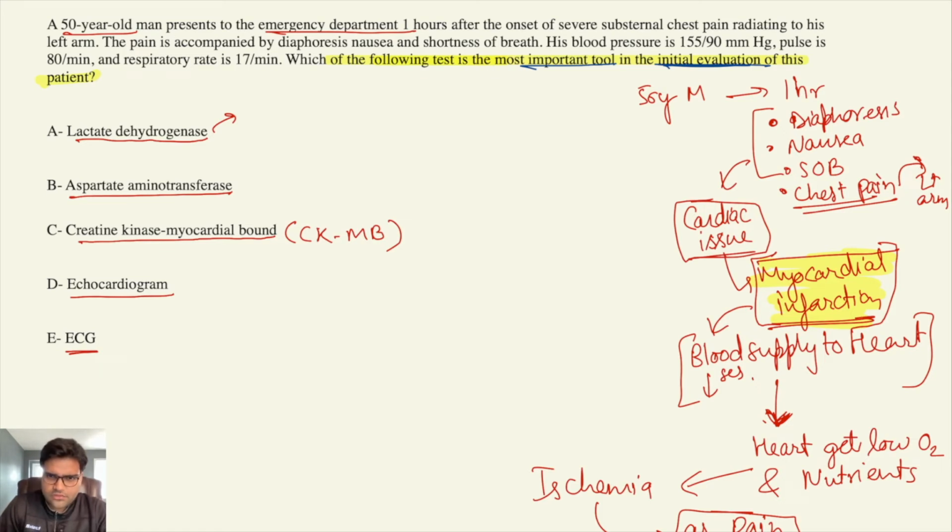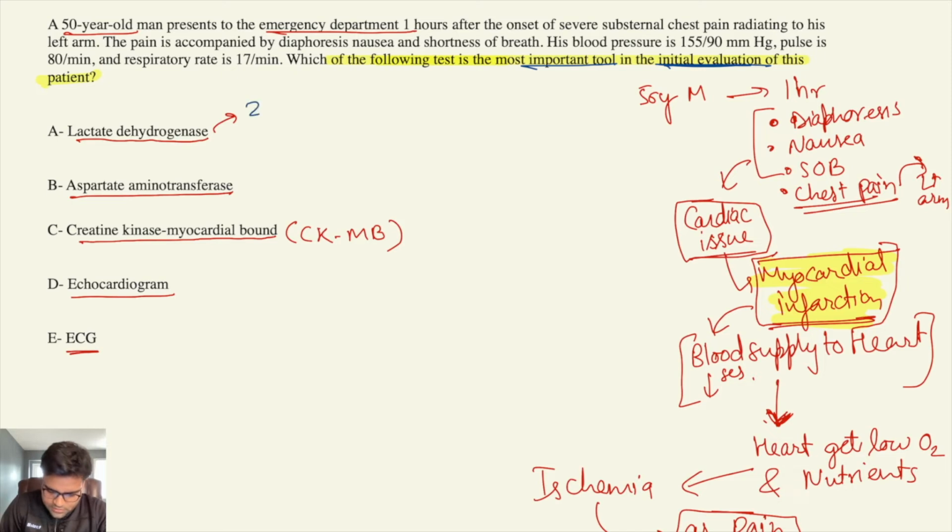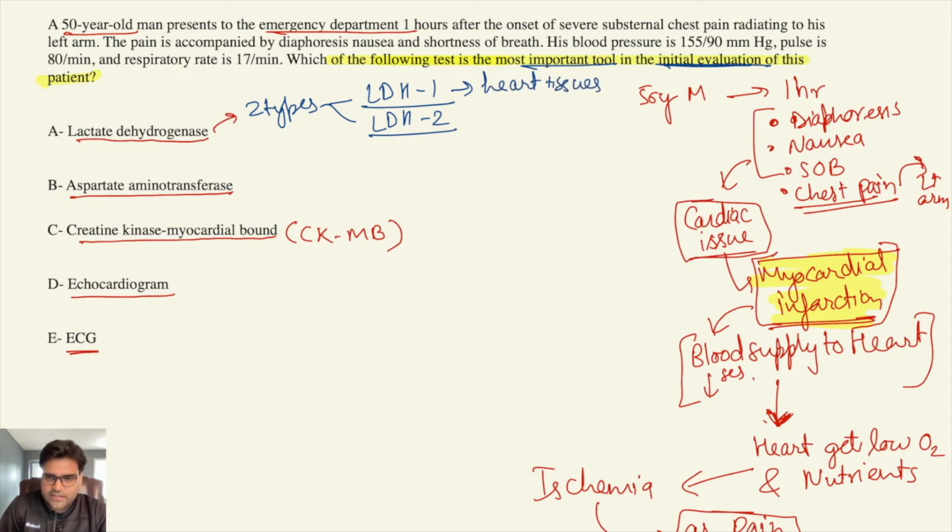So lactate dehydrogenase is basically of two types, LDH1 and LDH2. LDH1 is actually from heart tissues, and LDH2 is from the endothelial system.